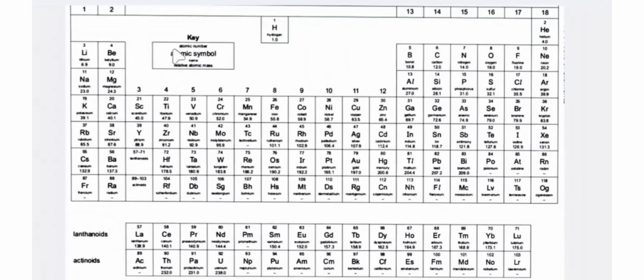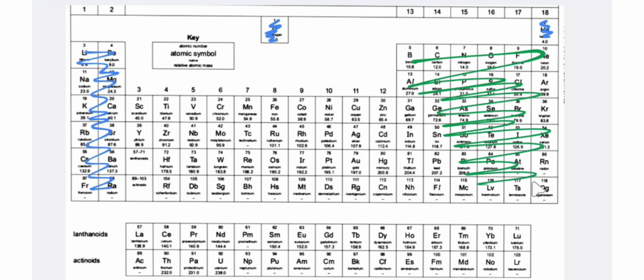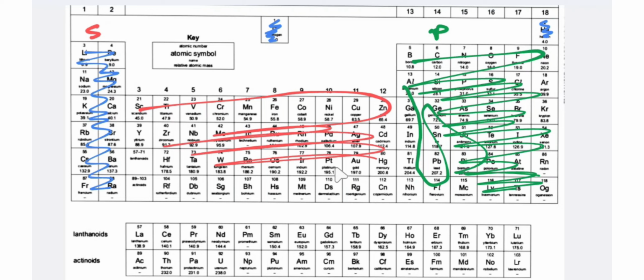So this is our S block, hydrogen and helium and this block, this is our P block, and these are our D block elements, and these are the F block. You don't need to remember the F block right now.